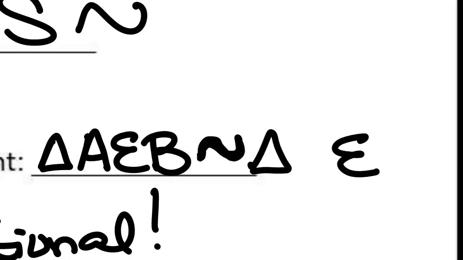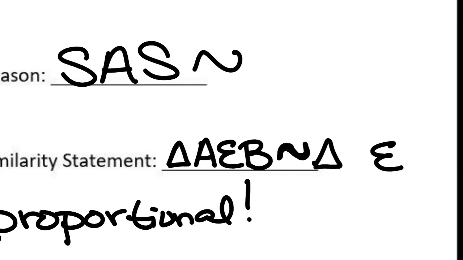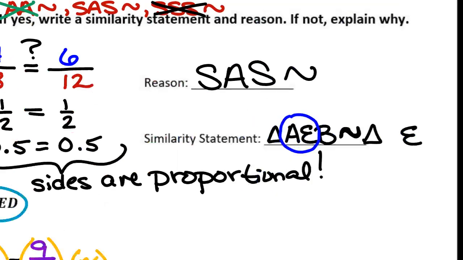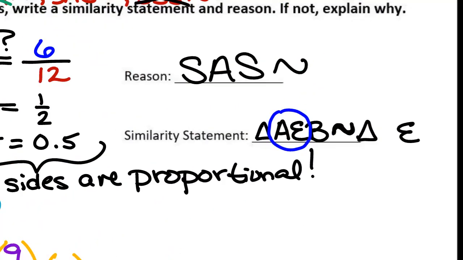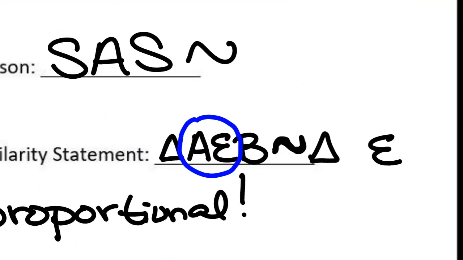The next thing I have to look at is these two letters here, AE. Let's go find that segment. Here's AE. What did I match that up to on the other triangle when I made my fractions? DE. So that has to go at the beginning over here. So DE and then C.